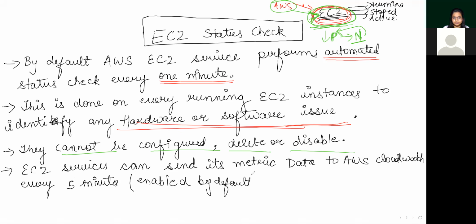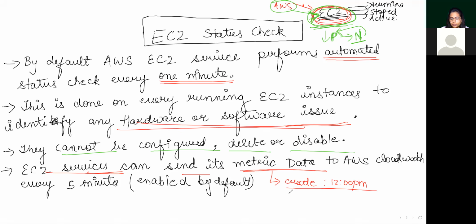So what happens? EC2 service can send that metric data, meaning whatever you are doing with the EC2 is known as the metric data. Say you have created the EC2 instance at 12 p.m. This will be recorded inside the metric data.